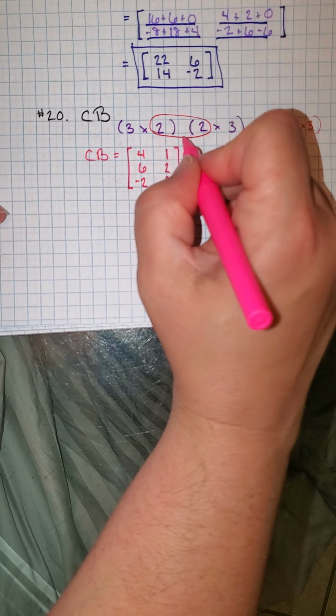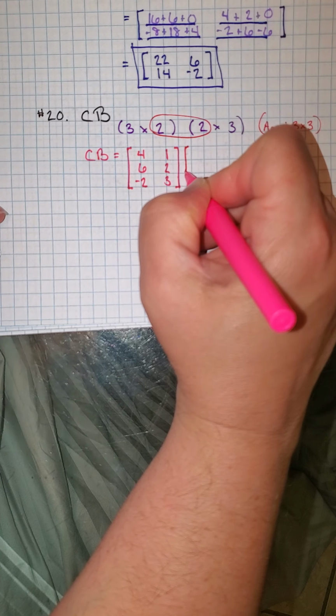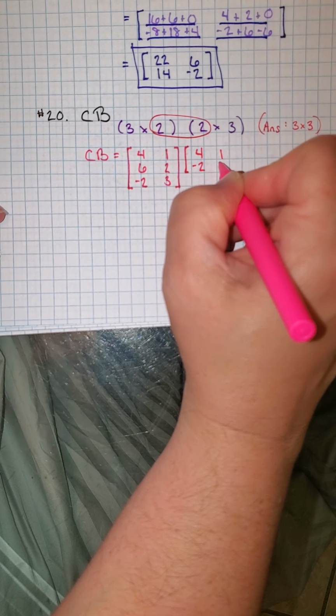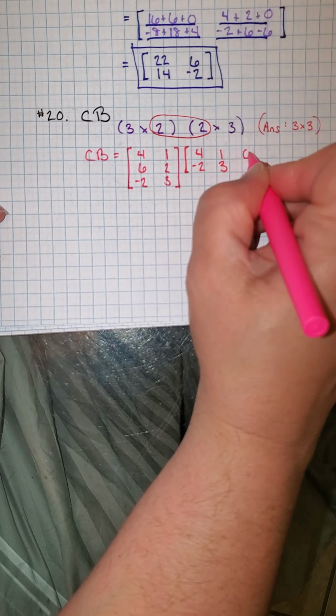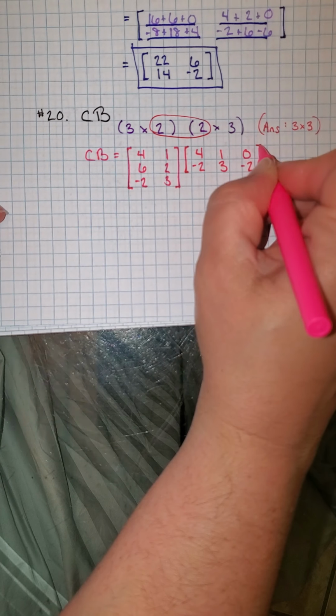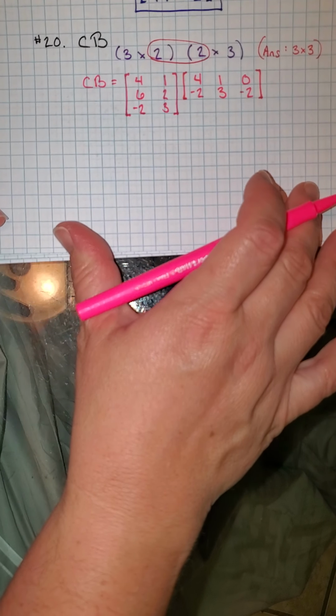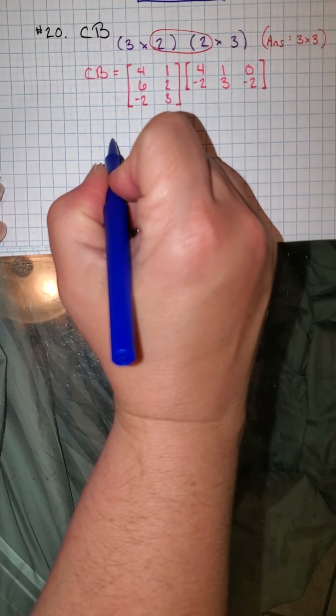Then for B, we have 4, negative 2, 1, 3, and 0, negative 2. All right, so our answer is going to be a 3 by 3.